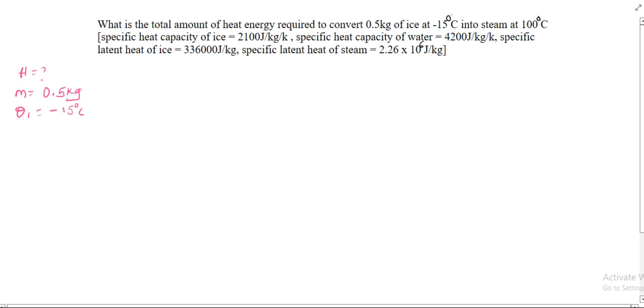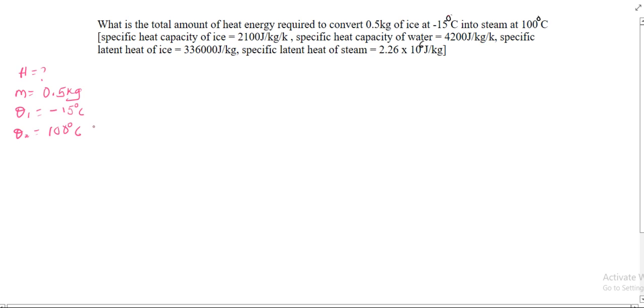But to convert this mass of ice at minus 15 degrees Celsius into steam at 100 degrees Celsius, theta 2 is equal to our steam at 100 degrees Celsius. Now we have all our constants given in the question.